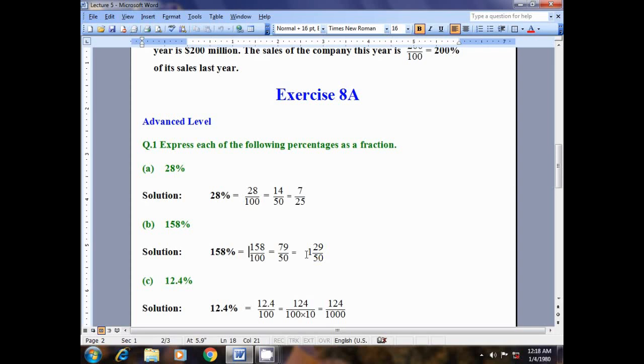Now this is the form of mixed fraction, 1 and 29 divided by 50. After dividing this numerator by denominator, we can write this improper fraction in the form of a mixed fraction. So this is the simplest form of the given question, which was 158%.